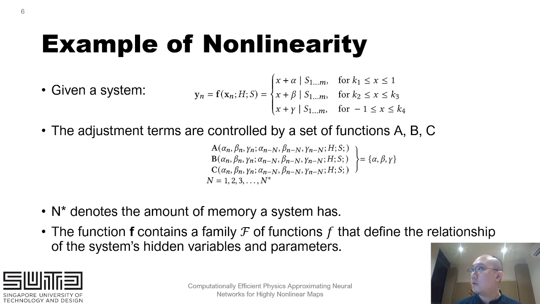It's a piecewise function that comprises some adjustment terms, alpha, beta, and gamma, and then we can impose on it that the adjustment terms are controlled by a set of functions a, b, and c. Now, this a, b, and c will carry memory, and this memory is denoted as n star.